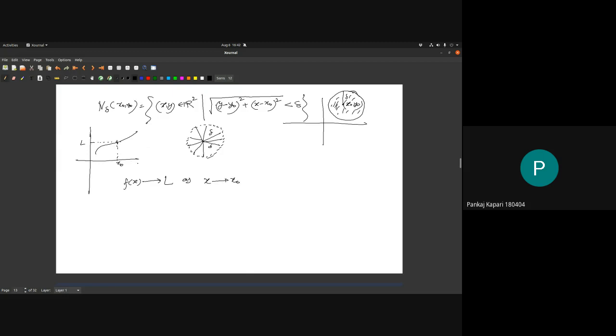Whenever you come quite close, right? You come arbitrarily close as much as you want to x naught from either direction, either left or right. Okay, the functional value is f(x). This should approach this number L.